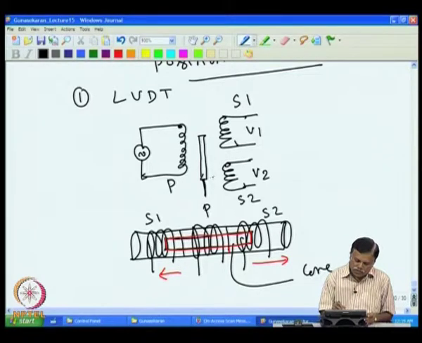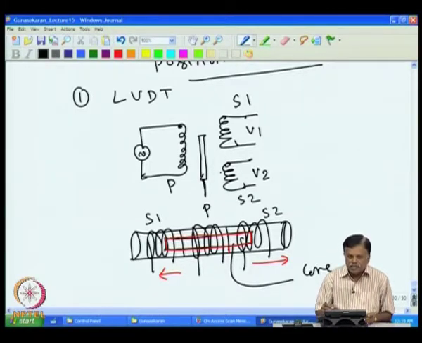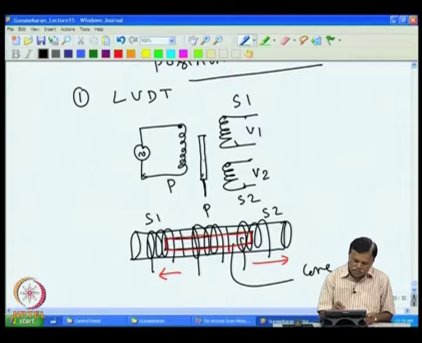Now, mostly the V1 minus V2 difference is linear with the displacement up to a certain range. For example, if we take a 3 mm LVDT, then for a 3 mm displacement of this core, you will find the V1 V2 difference is linear.